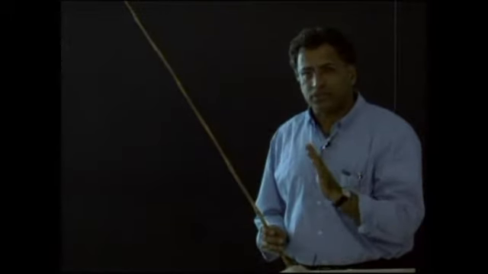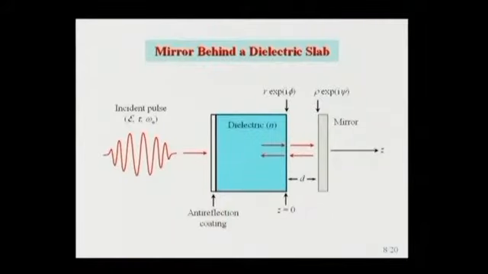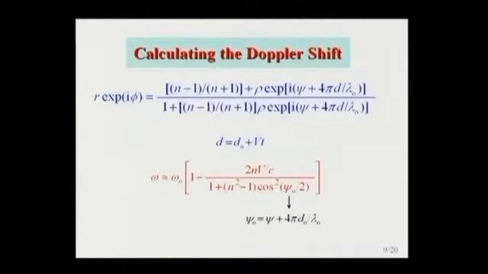You cannot do this when the mirror is moving too fast. The mirror has to move slowly, because if it moves too fast, then there is not enough time for the multiple reflections in the gap to build up. This formula for phi assumes that the light has bounced back several times and it has reached the steady state. And that requires the mirror to move slowly. If the mirror moves too fast, the formula is not valid.